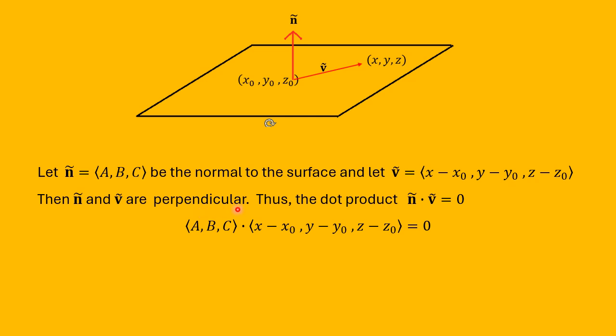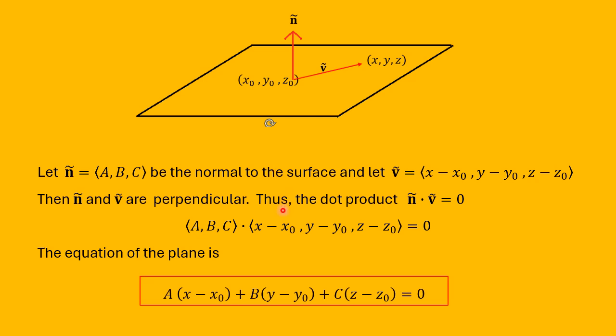It's this component times this component plus the second component times the second component here, plus the third component times the third component here. So this vector equation can be rewritten as a times x minus x naught plus b times y minus y naught plus c times z minus z naught equals 0. So this is one way that we can write the equation of that plane.